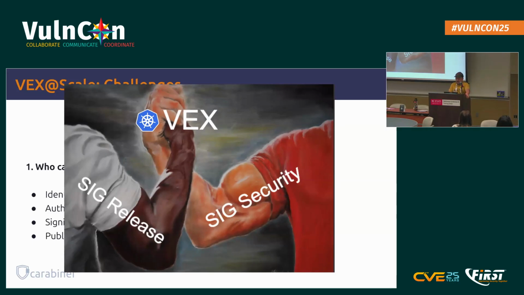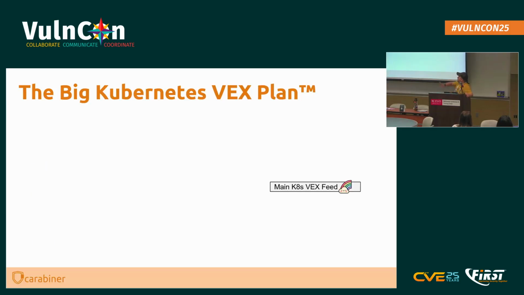So how are we planning to do the Kubernetes VEX feed? All right, so this is the dream, the VEX feed of Kubernetes. We were thinking, what would the ideal VEX feed for the project look like? There are many sources for it, and we identified three kinds of VEX feeds that will all converge into this final one.